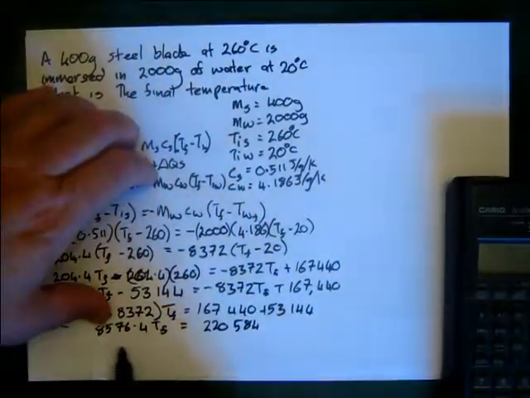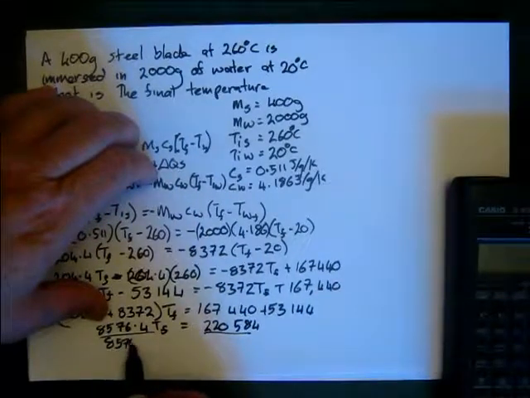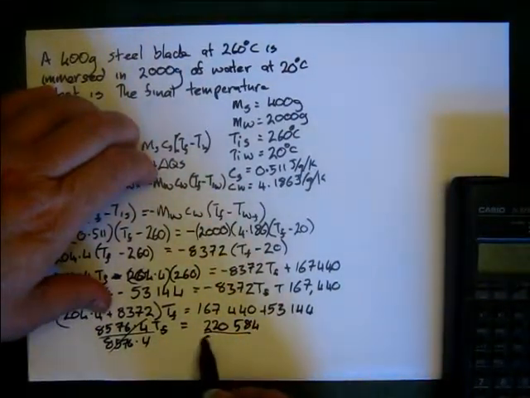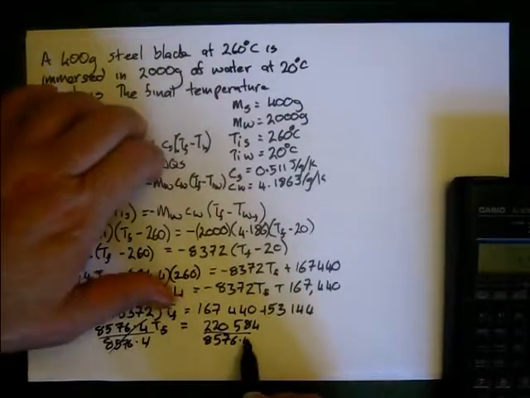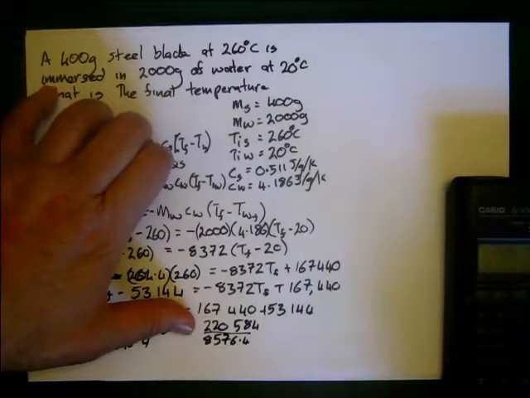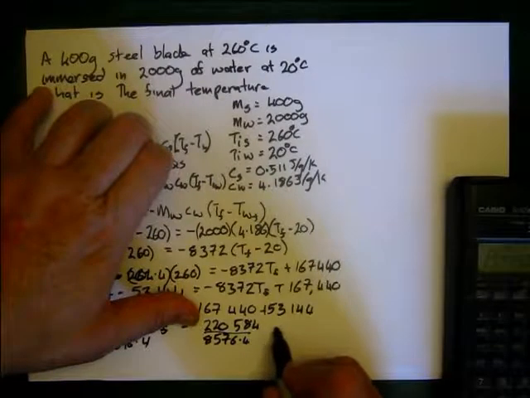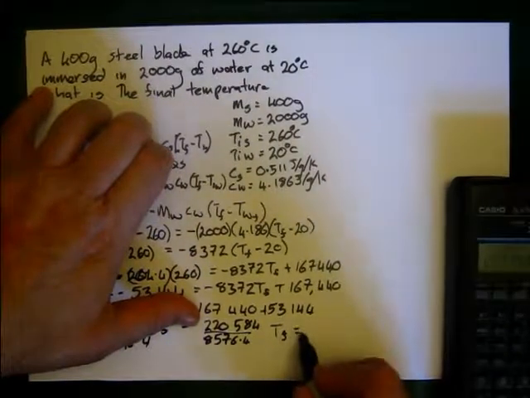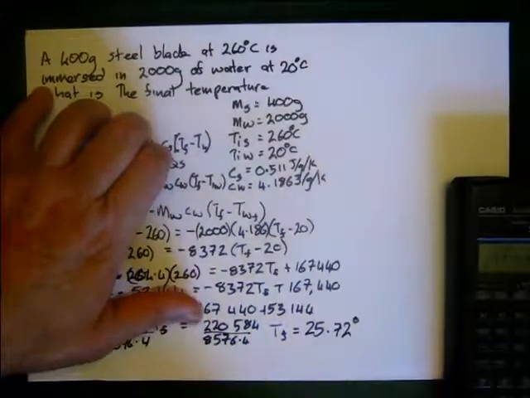And now we just divide both sides by 8576.4. That cancels out. So TF equals 25.72 degrees.